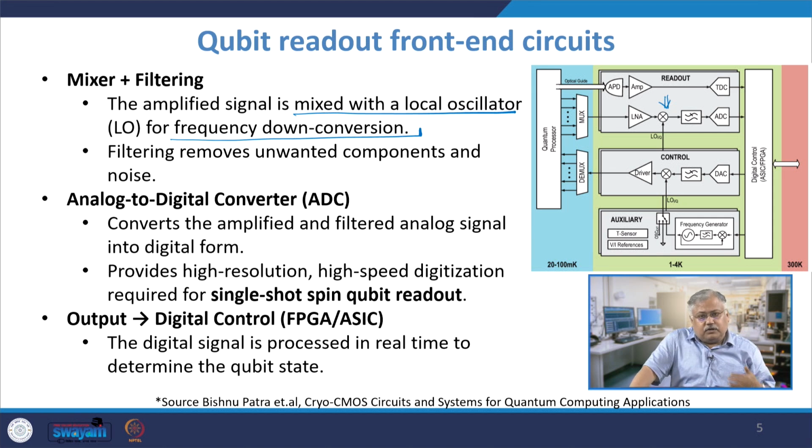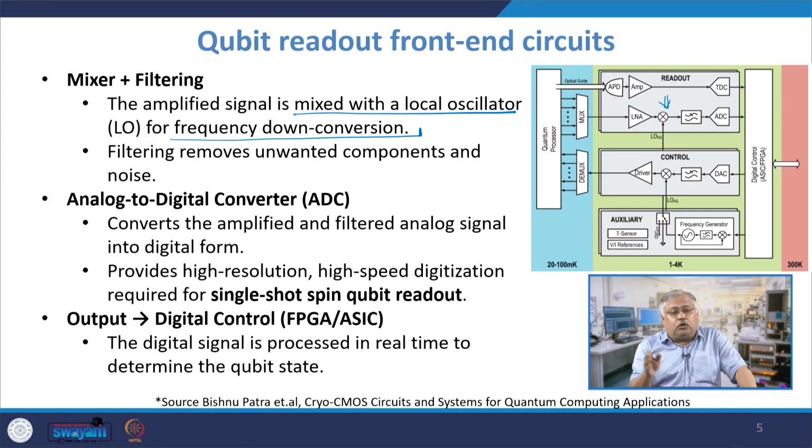What does filtering do? The mixer mixes the amplified signal with the local oscillator, then it passes through a filter stage. The filter stage is responsible for removing various components of noise and unwanted signals at a particular band of frequencies, keeping my signal to noise ratio higher and higher.